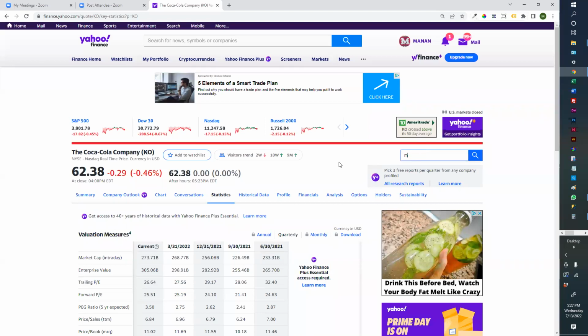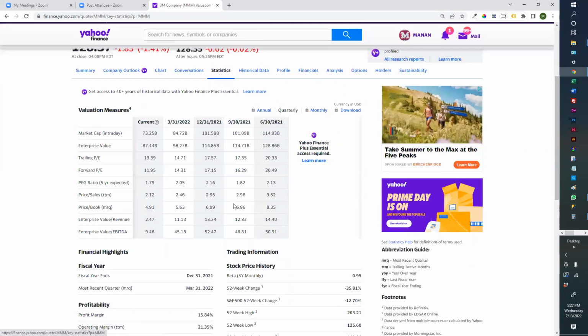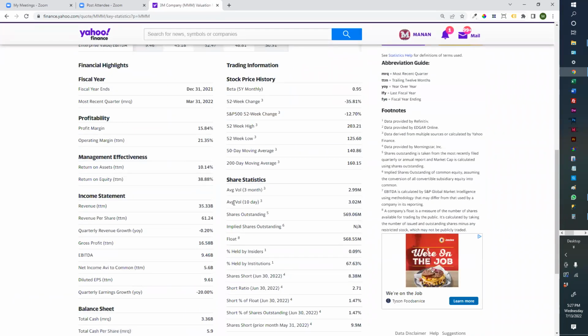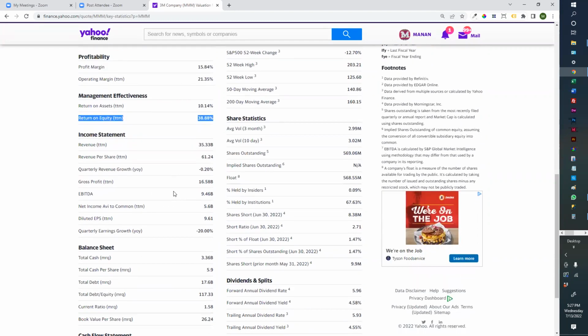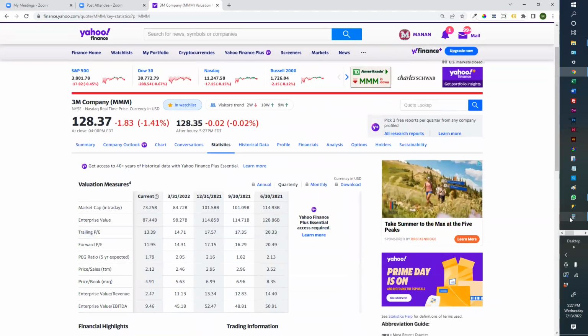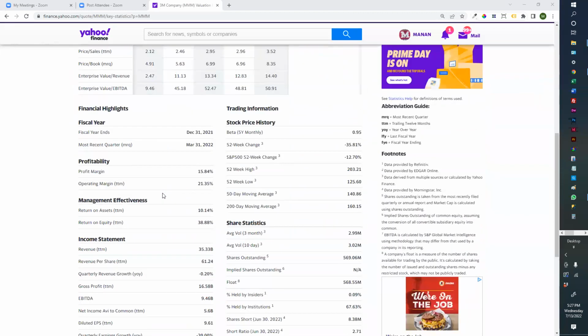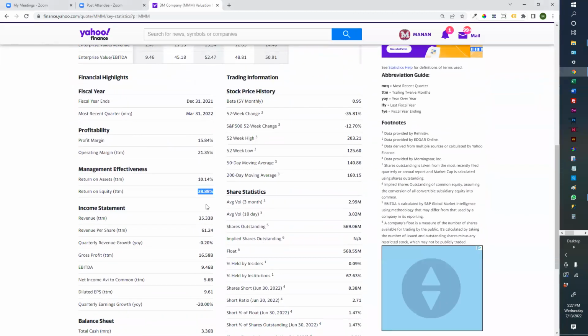If you see any company like 3M, this is another good industrial company. It's also producing return on equity of 38%. And people are paying $128, which is 5 times the book value, because 3M is producing high return on equity.